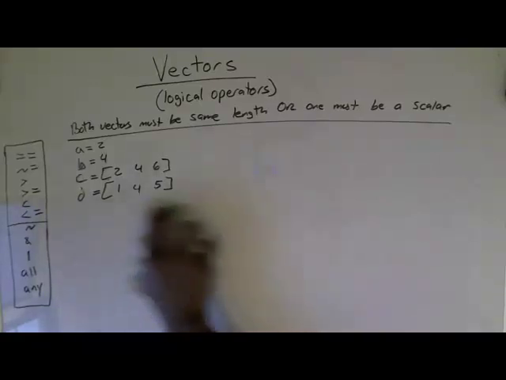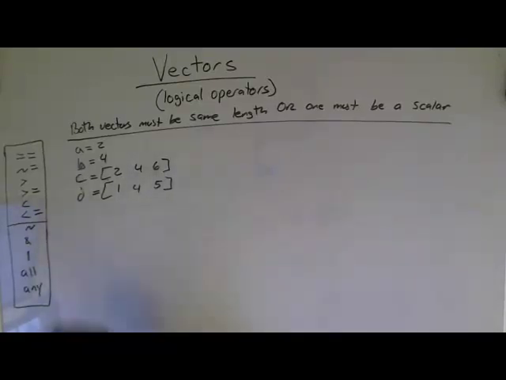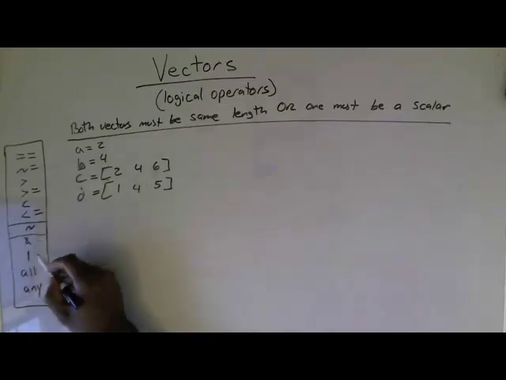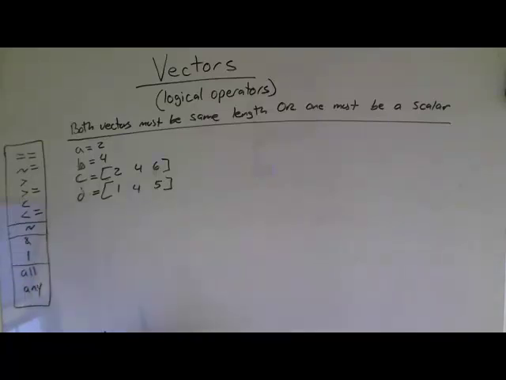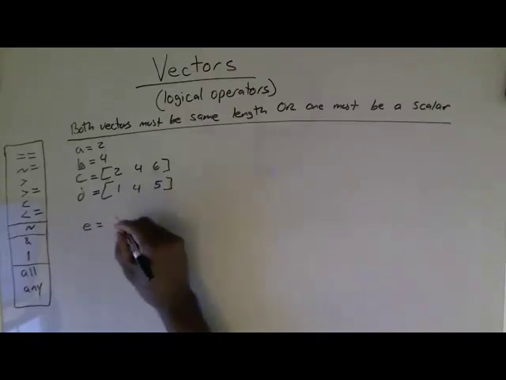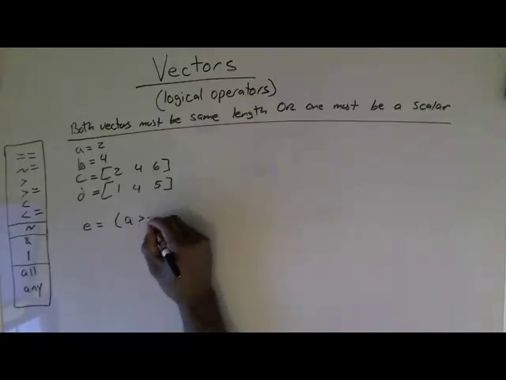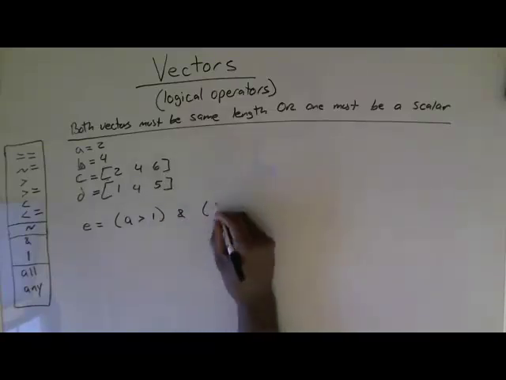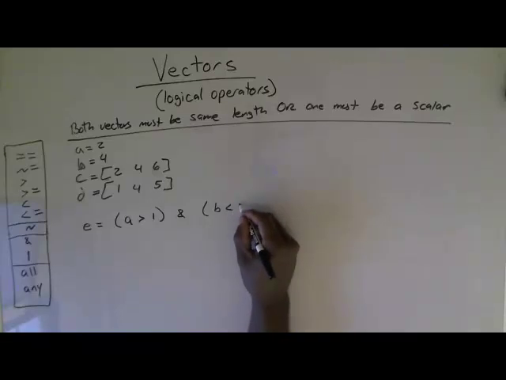Now let's look at the and statement. These two, the and the or, allow you to combine logical statements. So let's say here E equals A greater than 1 and B less than 4.